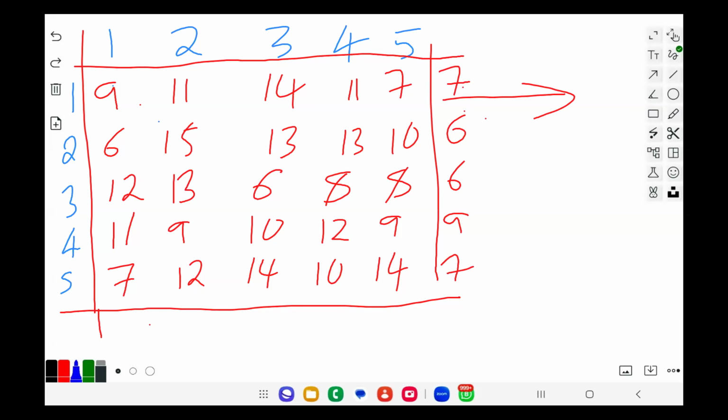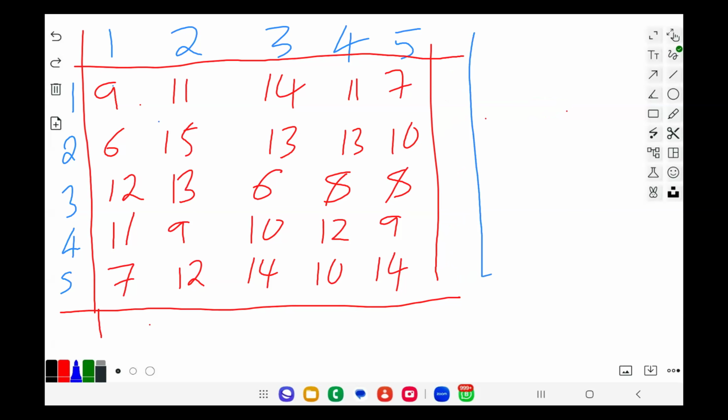Okay? And so what we're going to do from here is create a new table where we deduct from each row these numbers.